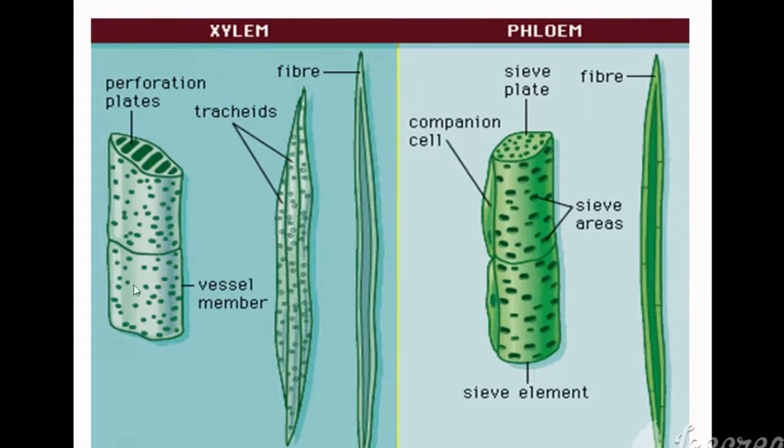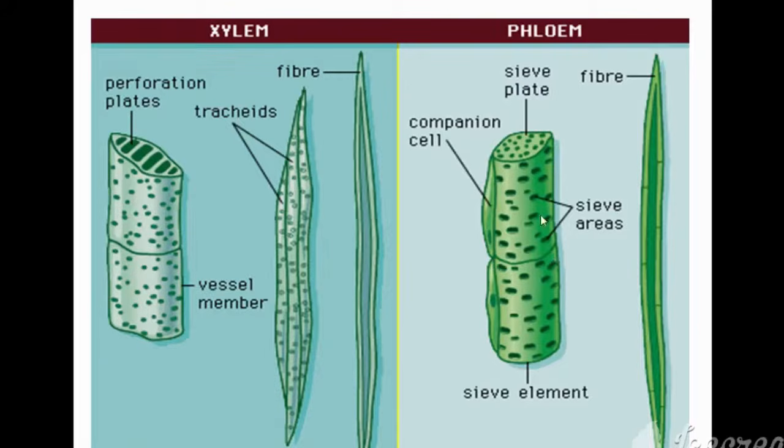You can see the structure of vessel. It is a fat elongated tube where you have pits. And the trachea structure, you can see it's an elongated one. This also has pits, but there is a difference between the structure of trachea and vessel, isn't it? Fine.